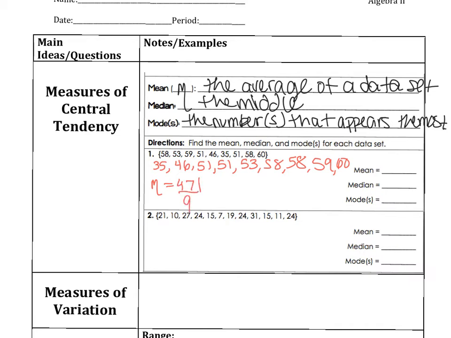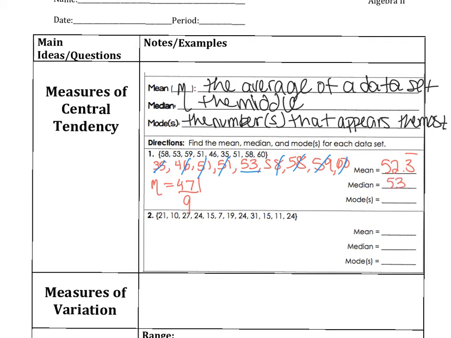I then divide by 9 since there are 9 numbers in the data set, giving me a mean of 52.3 repeating.